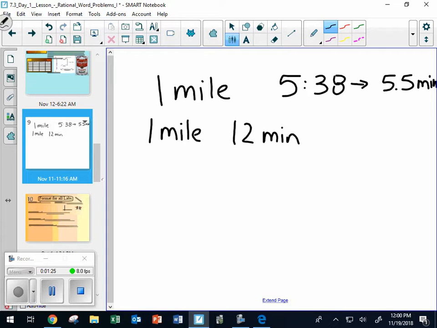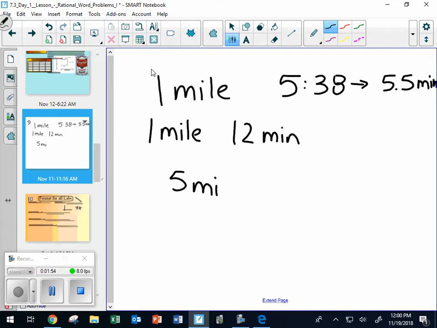So, if Ryan and I decided one day that we're not going to run a race, we are going to work together to cover 5 miles. We're going to start at the same time, and we're both going to run for the same amount of time. But that amount of time will stop once we have collectively run 5 miles.